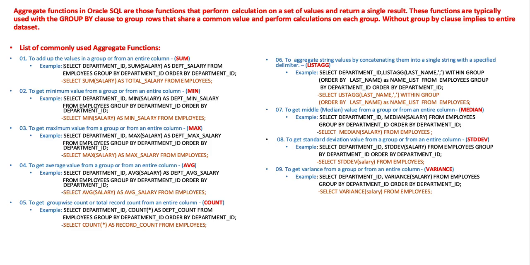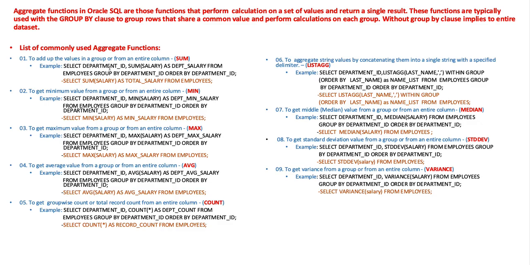With the GROUP BY clause, it will sum salary by the grouping variable. In this example, it is summing salary by department ID. But in the second example, without a GROUP BY clause, it will sum the entire salary column.